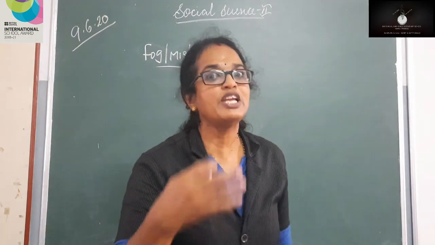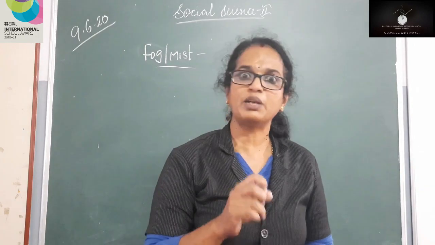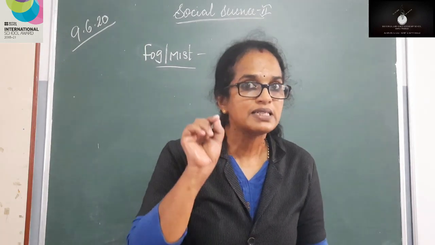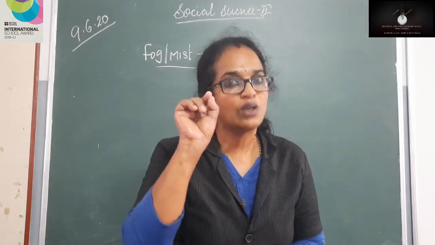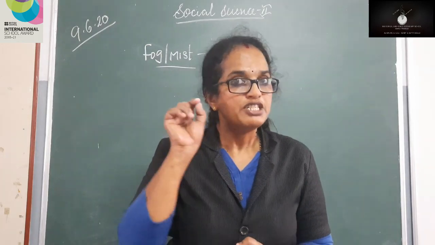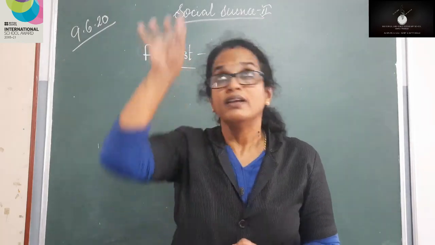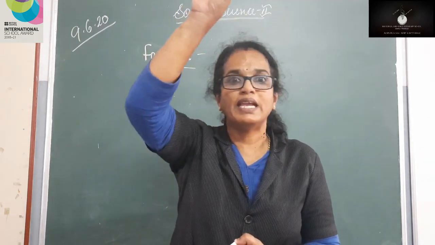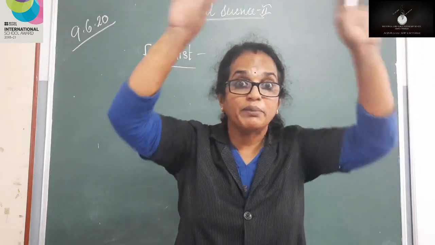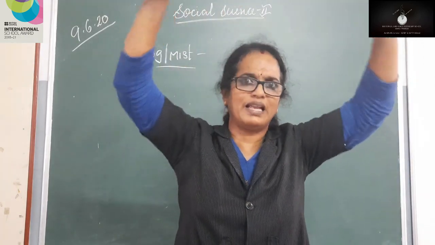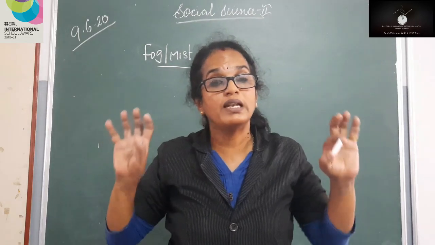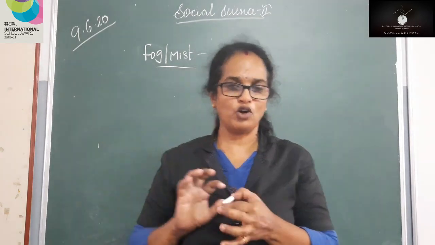Once again I repeat, what is fog or mist? That is tiny droplets of water formed due to the cooling of air. Remains suspended means it will just be here and there. And this is called as fog or mist.